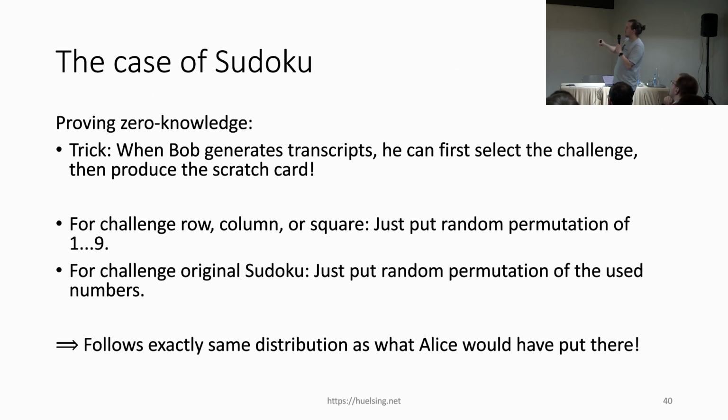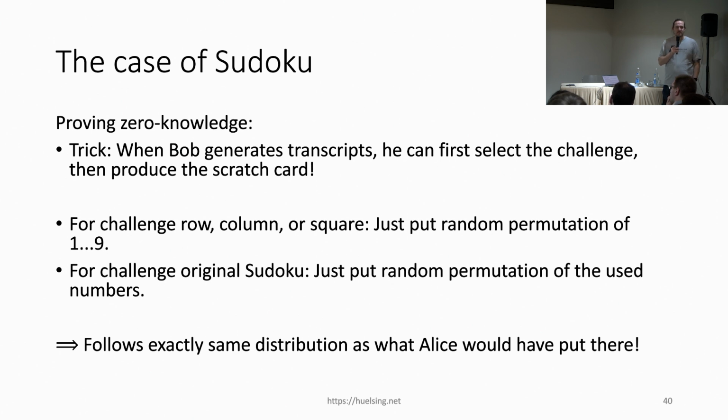So what I will do is, I first pick a challenge at random, and then I produce the scratch card. And I just don't care about the things that will not get scratched off, because this is hidden anyway. The only thing I have to care about is the square, column, or row, or if I have to open the original Sudoku, the permutation. So I pick this one uniformly at random and place it there.